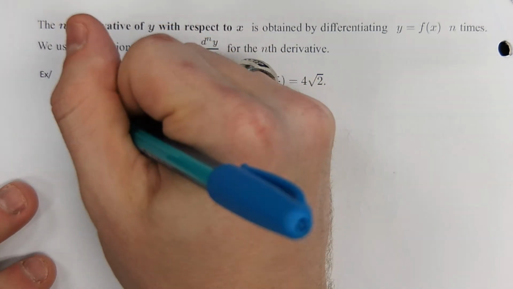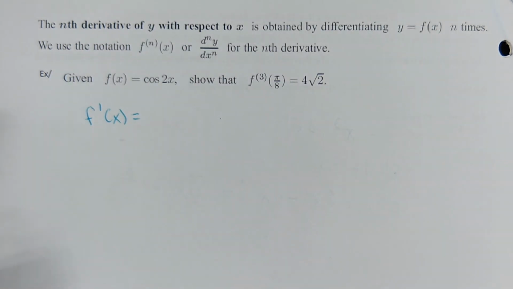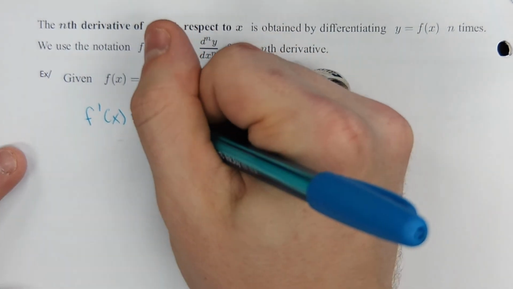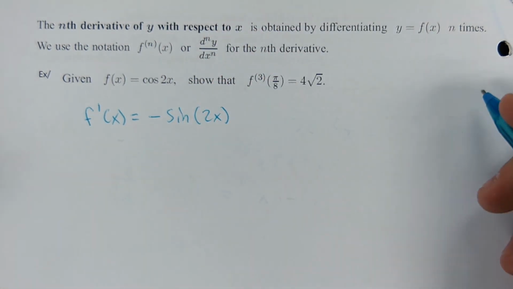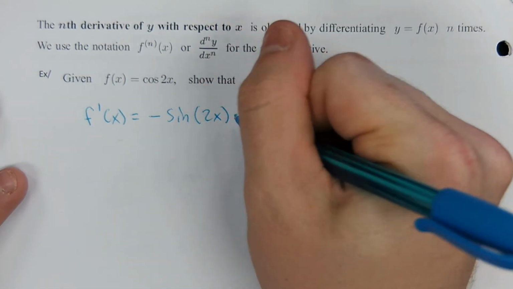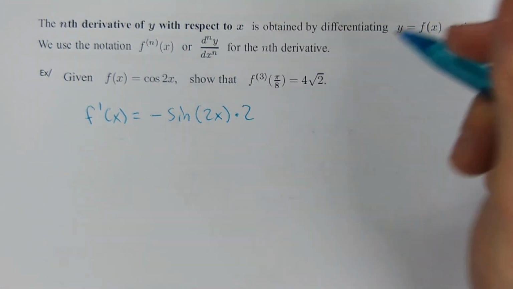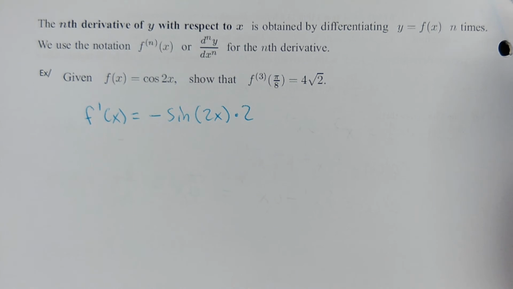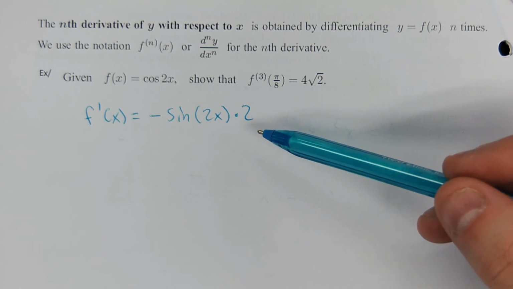F prime of x. The derivative of cosine of some stuff is negative sine of that stuff times the derivative of that stuff. This is the chain rule, right? So now I'm multiplying by 2. Alberto asked, is there a reason to clean it up? Well, yeah, I'm going to want to clean this up because I have to find a couple more derivatives of it.